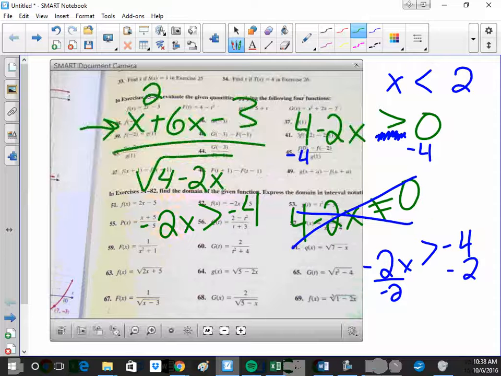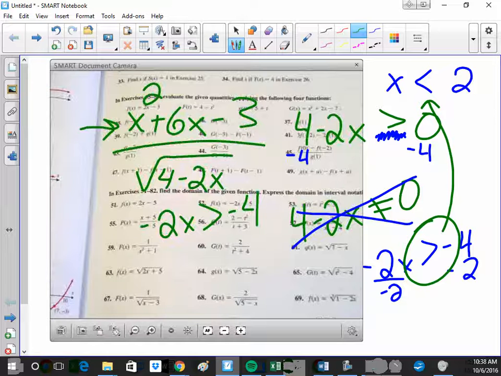So we have to change this, and now it's x is less than 2. How do you represent that, or, sorry, how do you represent that in interval notation? What would the domain be for this? Negative infinity to negative 2.